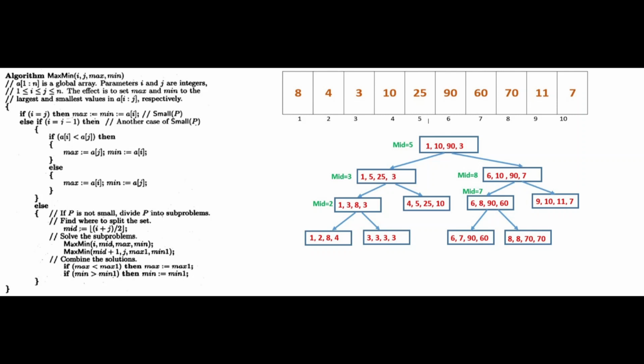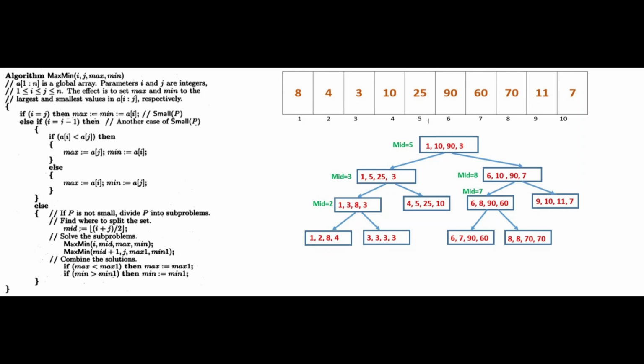So 1, 10, 90, 3. The algorithm completes its execution. Also, all the sub functions are completed. All the recursive calls are completed. The algorithm completes.